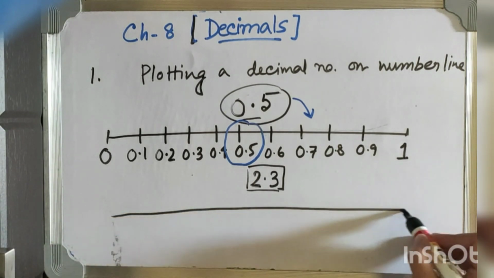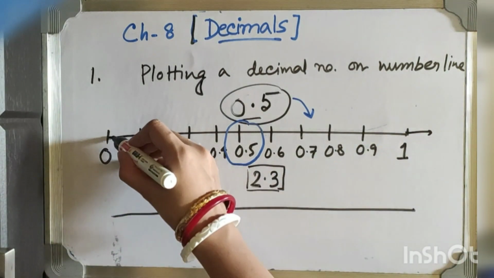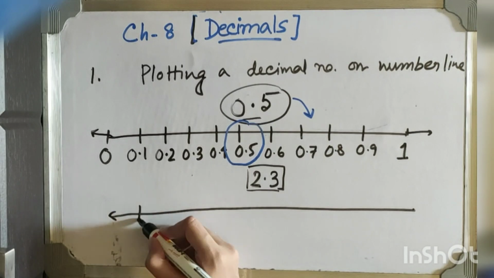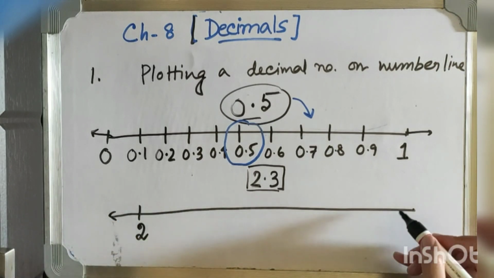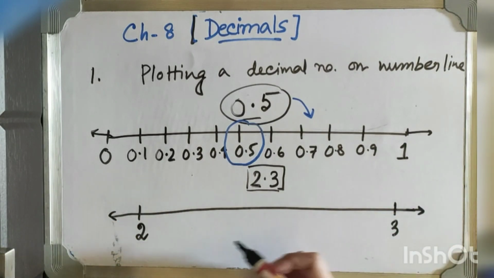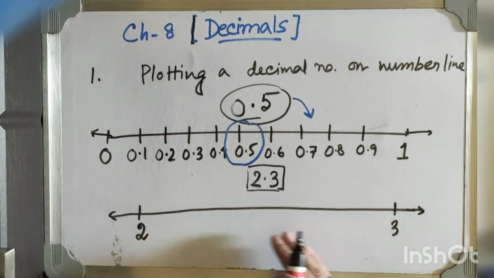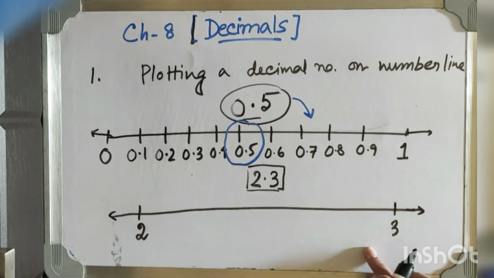So we will draw the number line in this way. Here we will write 2, here we will write 3, and between this 2 and 3 we will divide the number into 10 equal parts, just like the previous one. Okay, so let's do that.